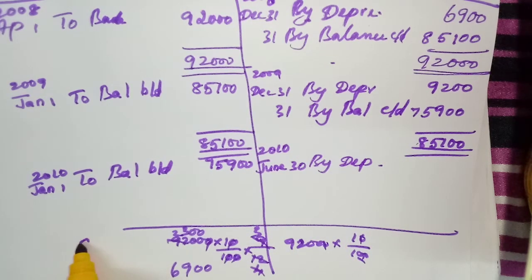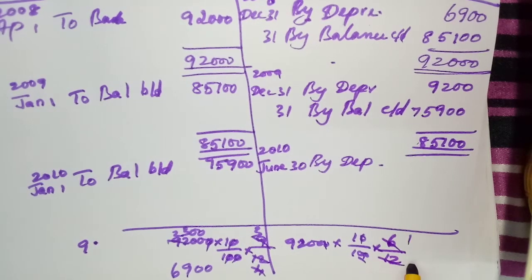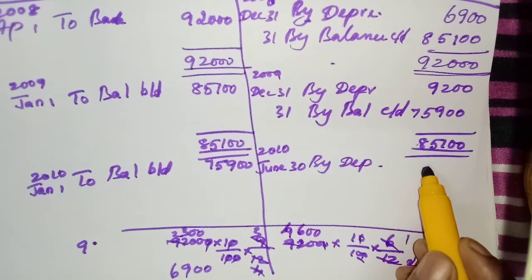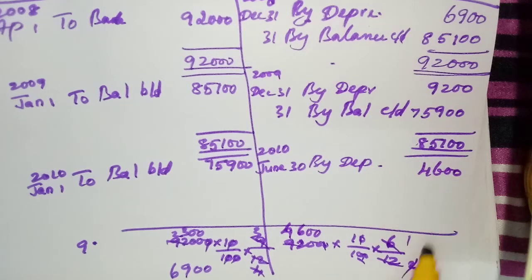So 92,000 into 6 by 12, that means 1 by 2, half. 9 divided by 2: 4 2s are 8, then balance 1, 12, 6. So 4,600.